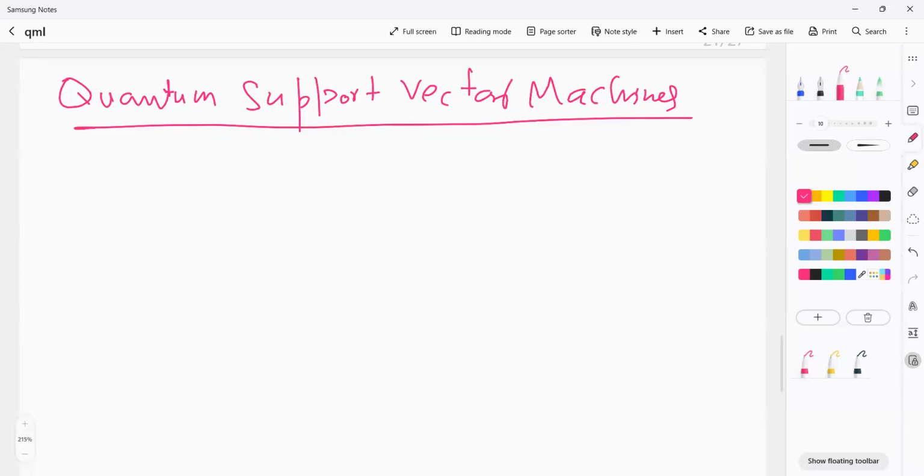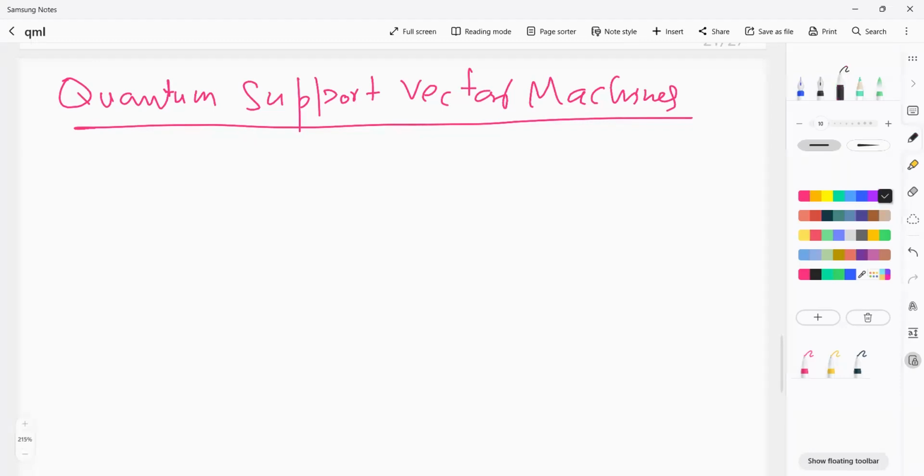But I have never found a more elegant formulation and a more elegant classification mechanism than support vector machines. I'm talking aesthetically, not in terms of accuracy or anything. So let me walk you through its derivation because it is very ingenious, I must say.